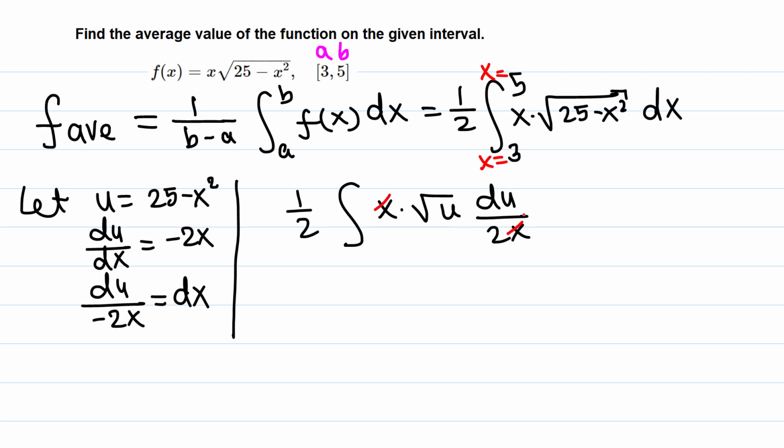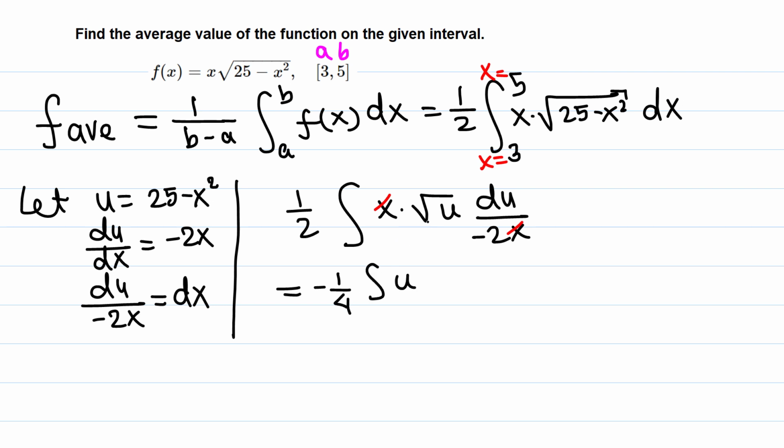Then as you can see, the x's cancel. There should not be any x's left, only the new variable and constants. The negative 2 can be pulled to the front, on the bottom, so negative 2 times 2 is 4, so negative 1/4.